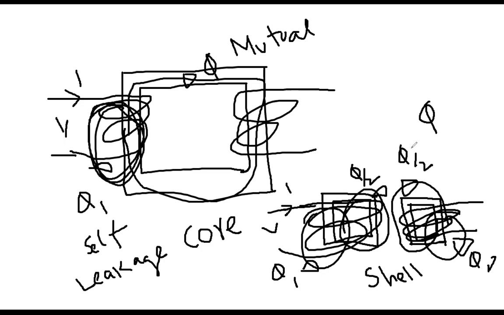Because it has much higher flux, some companies or manufacturers prefer this type. In this case, the mutual flux is less than the self flux. For this type, the core type of transformer, most of the flux goes as the leakage or the self flux, and there is less mutual flux. In this case, there is less self flux but a large amount of mutual flux.